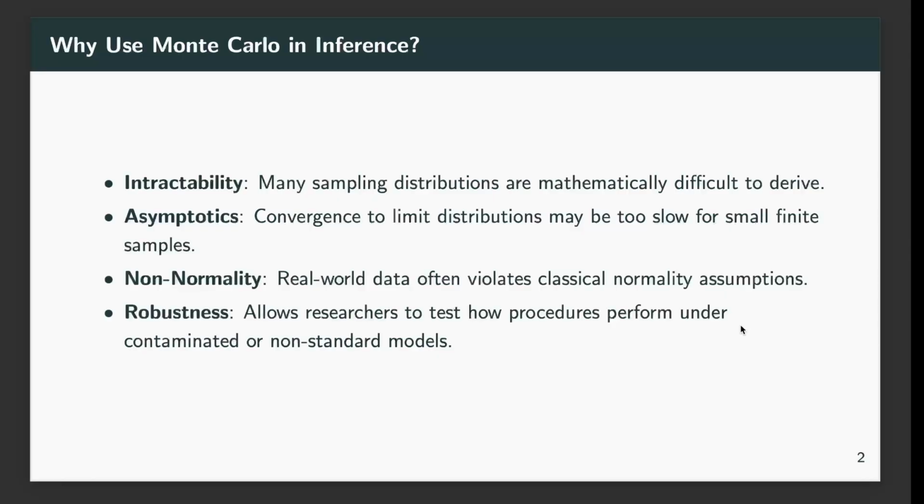Number one is intractability. A lot of sampling distributions can be mathematically difficult, or sometimes even impossible to derive in a closed form. For example, the distribution of the ratio of two sample variances when the underlying populations are skewed, or the distribution of a complicated robust estimator, like the trimmed mean.